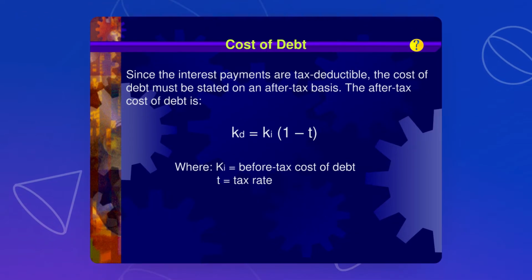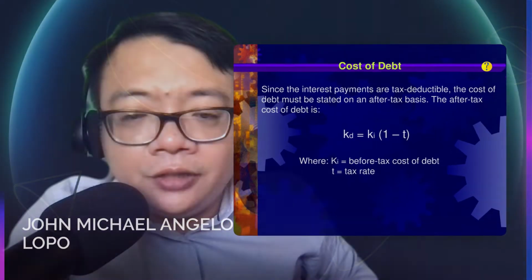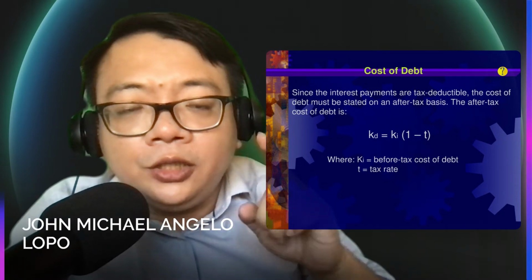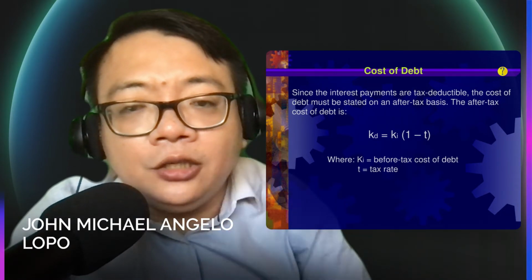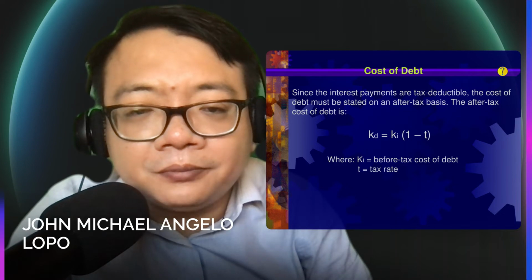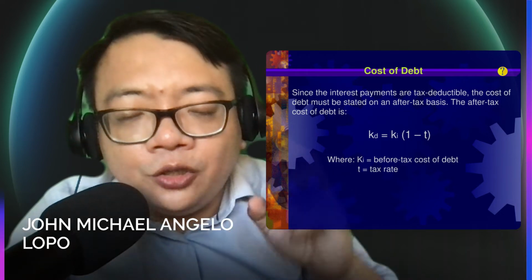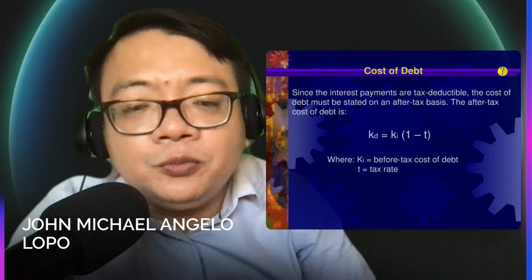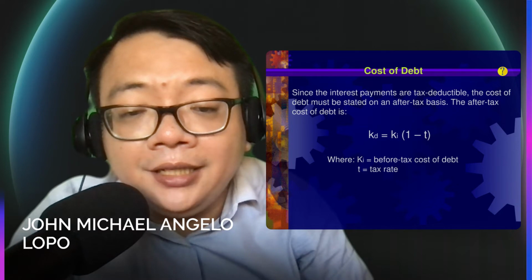For example, in computing your cost of debt, but before that, please take note of this. When you compute for your cost of debt, it should be net of tax. Why net of tax? Because the debt involves interest expense, and the interest expense is part of your income statement, right?